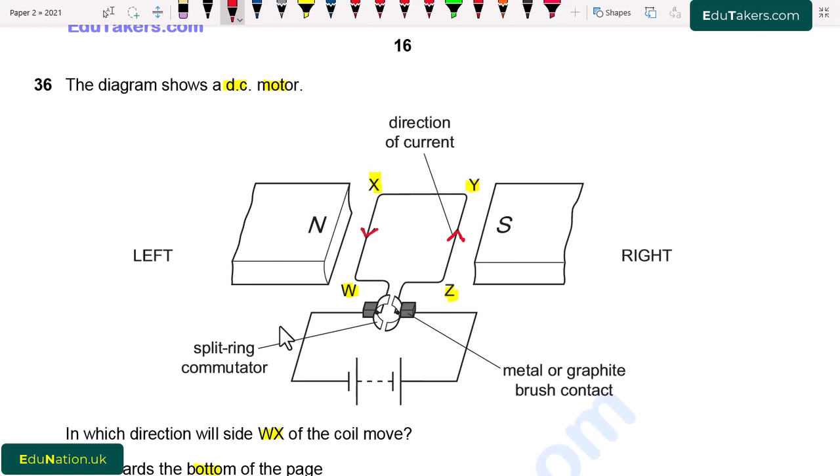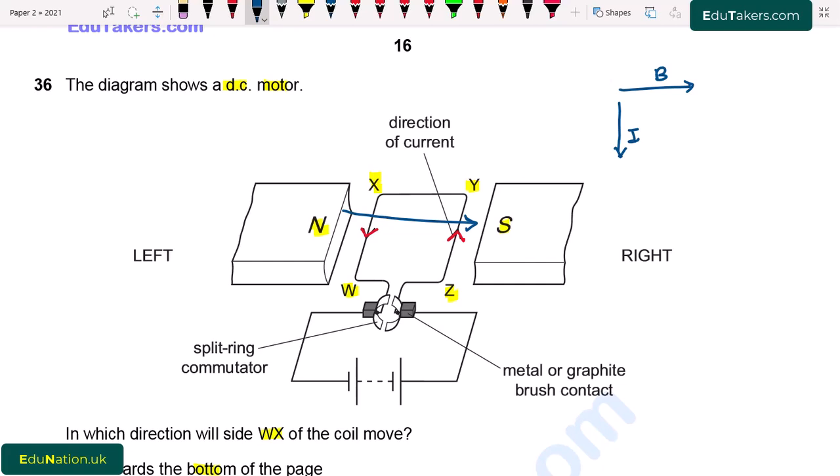This coil is placed in the magnetic field, which is shown by the poles north and south, and the magnetic field points from north to south. So here we have to find in which direction side WX of the coil moves. The magnetic field is in this direction while the current is flowing downward. So actually we have to find the direction of the force.